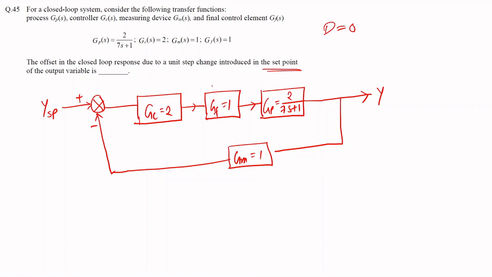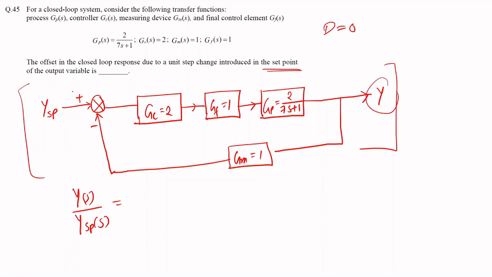Now if I have to write the transfer function corresponding to this entire closed loop system, we can write it as Y(s) upon YSP(s). The numerator will be the multiplication of all these blocks: GC, GF, and GP.